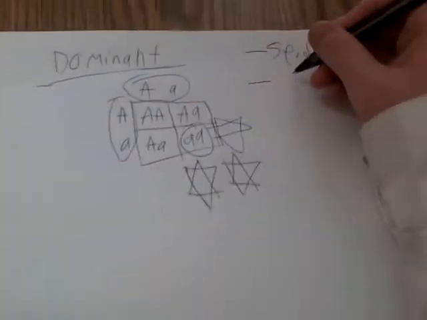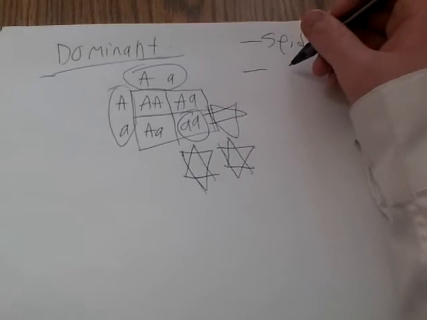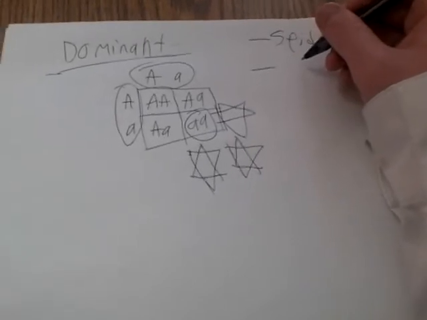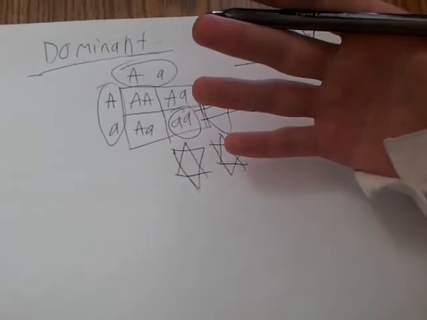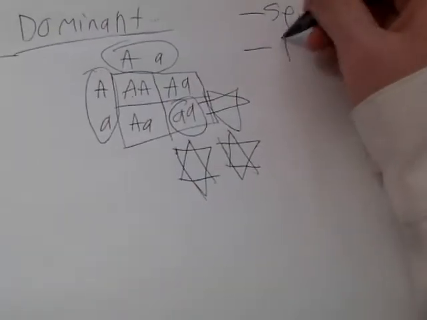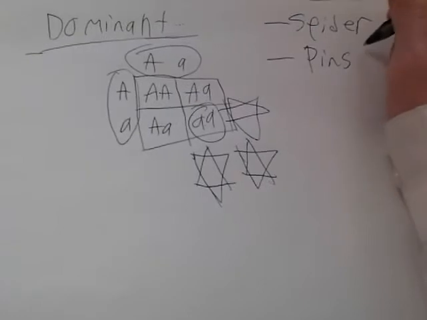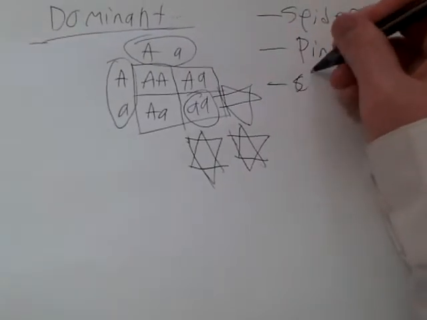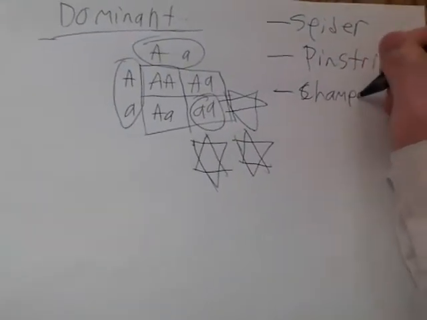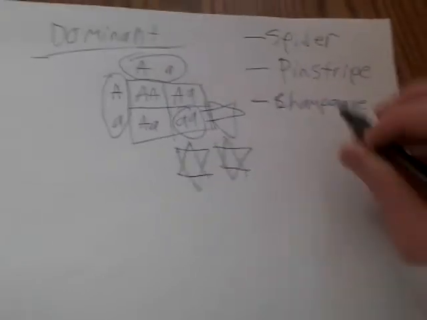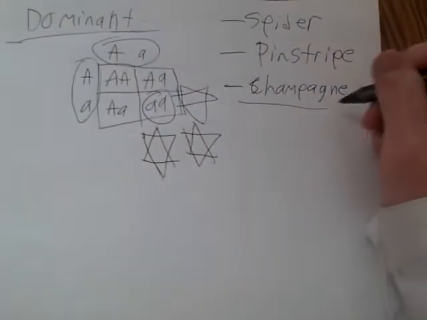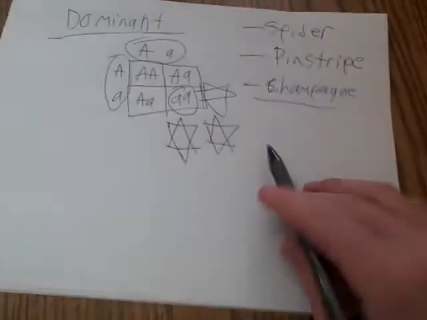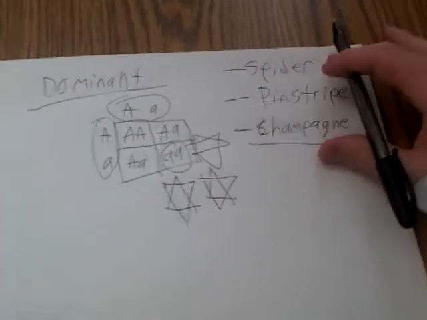Then pinstripe is also a dominant gene. And one more, champagne. I think champagne's really weird. It's spelled with a CH and a G. But these are your 3 biggest ones.